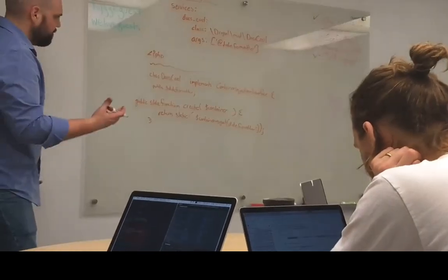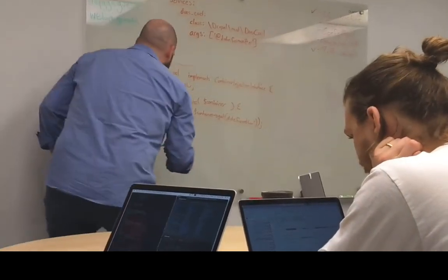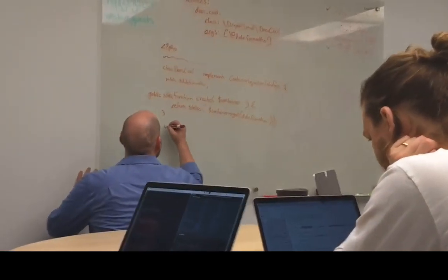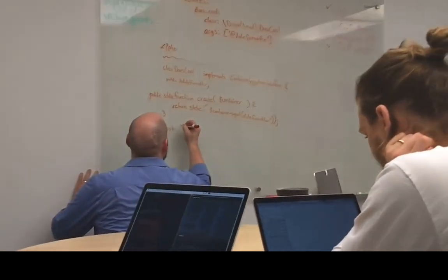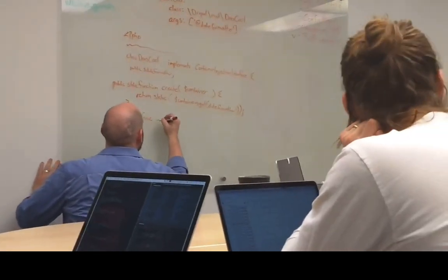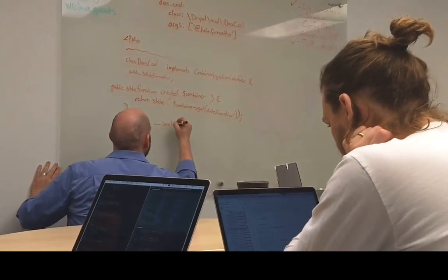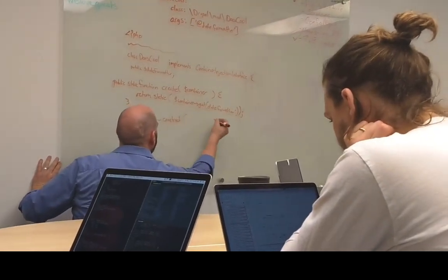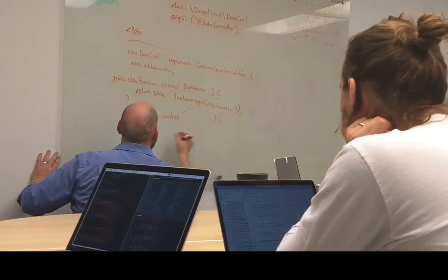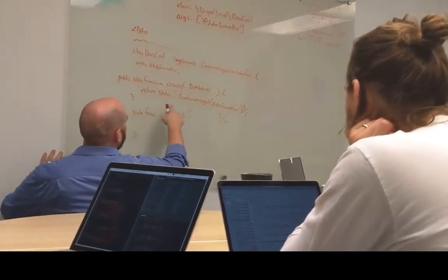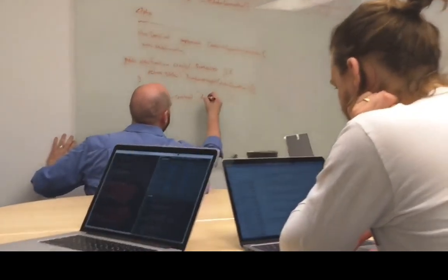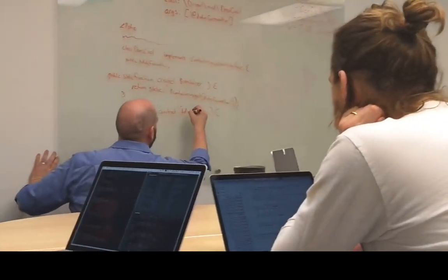That's all. Okay. Last thing, I need to define the constructor on my class, which looks like public function construct. And now, since the create method is passing in the date formatter, I can expect the date formatter to come into the constructor.